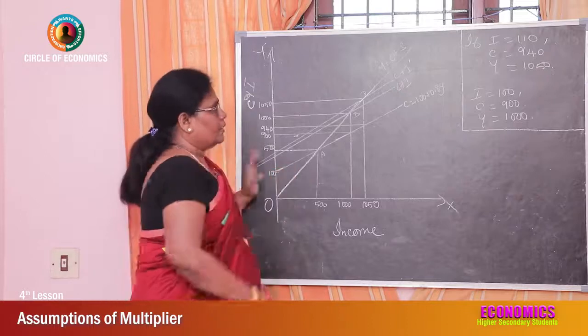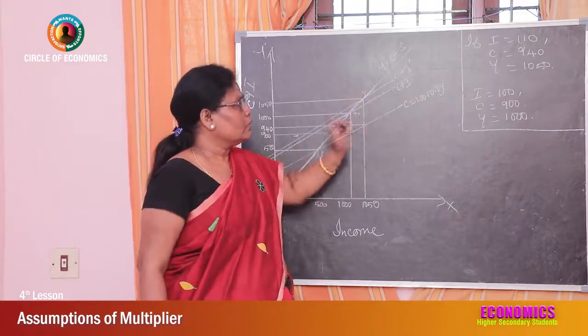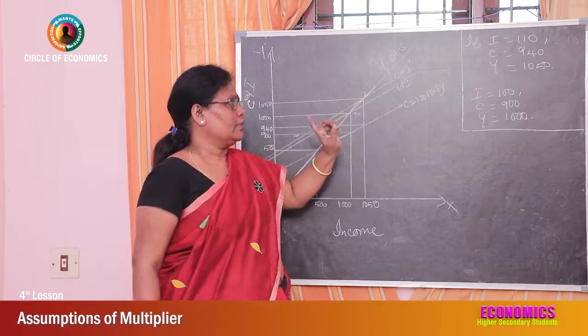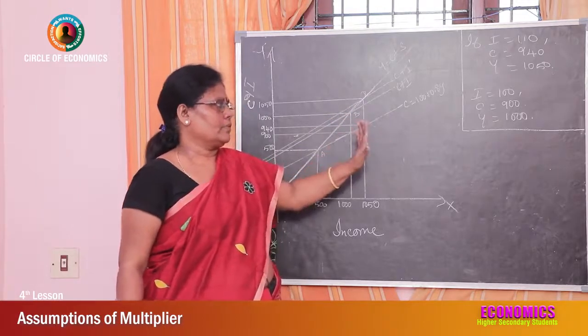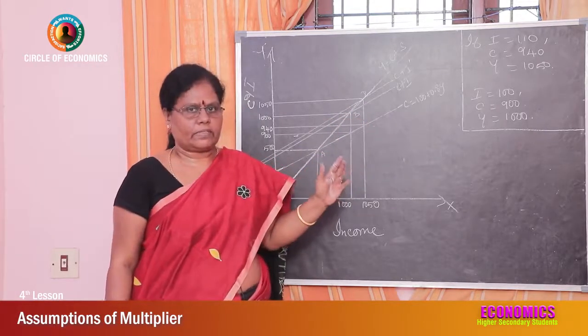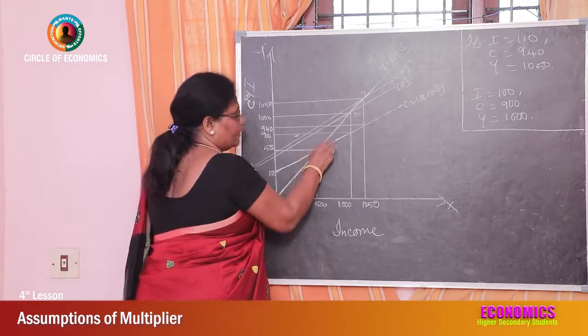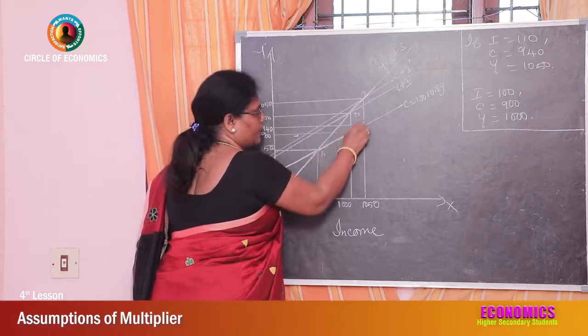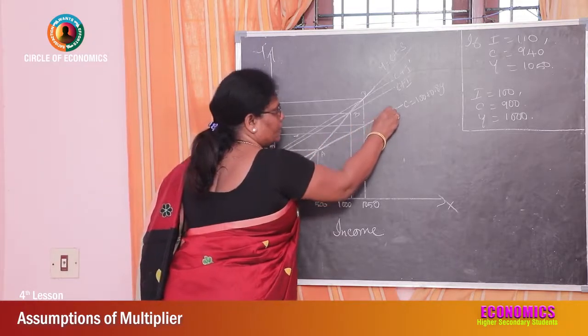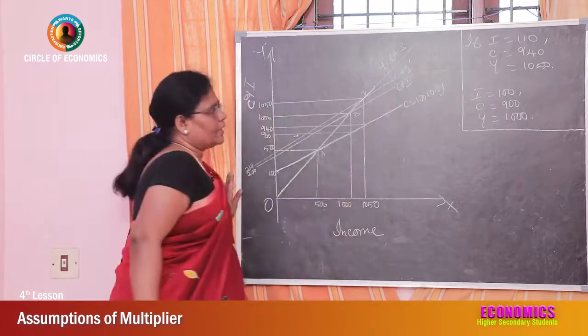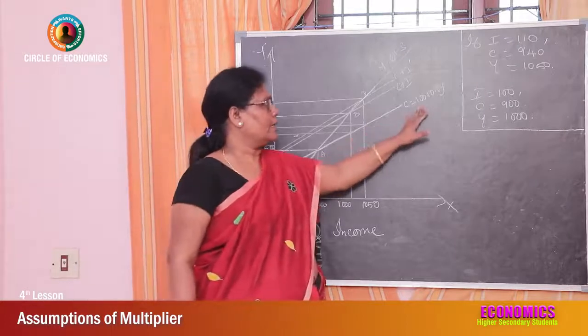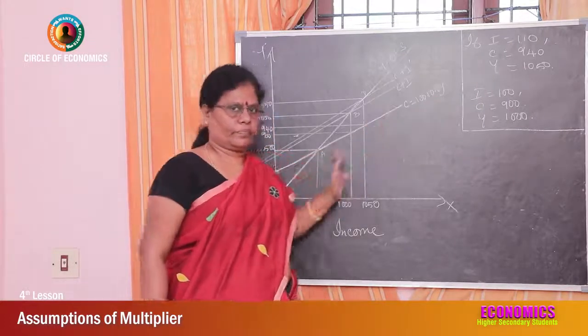When C is equal to 900, I is equal to 100, Y is equal to 1000, we have seen. The first step we will see. This is what line? Consumption line. All of you know that. Consumption line moves like this. So what we have taken, C is equal to 100 plus 0.8y.